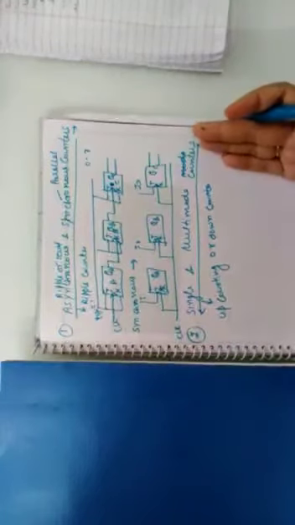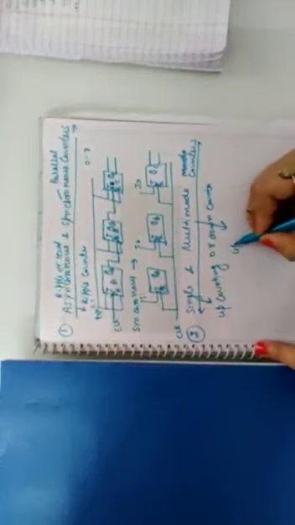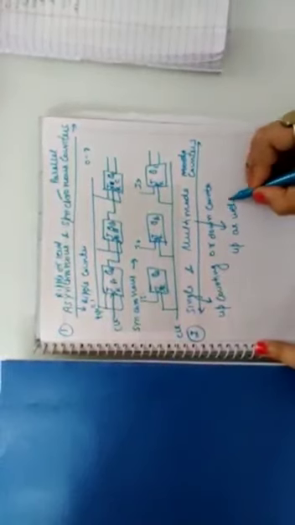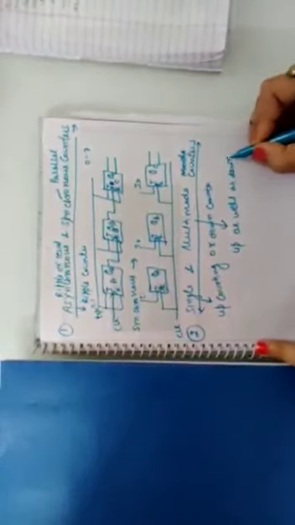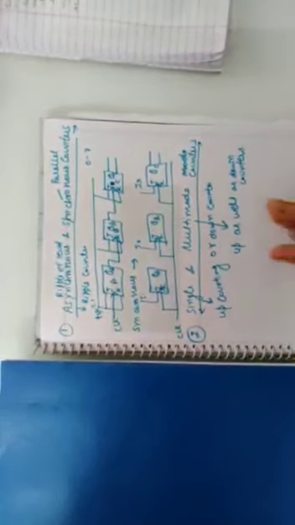It will count only in one manner, either up or down. But what do we mean by multi-mode? It can count up as well as down. Means a single circuit that can count in up manner as well as in down manner. So that is the meaning of multi-mode.